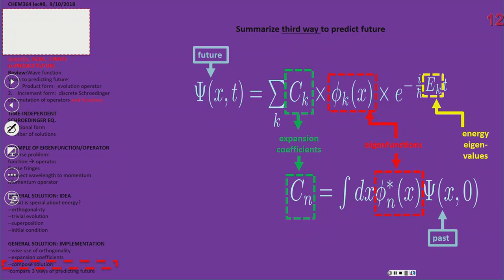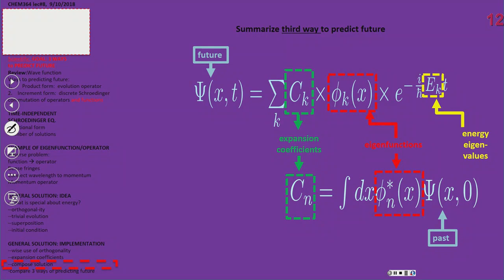We need to find eigenfunctions, eigenenergies, and we need to find projections of the initial condition onto the eigenfunctions, right? That's what we did last time.